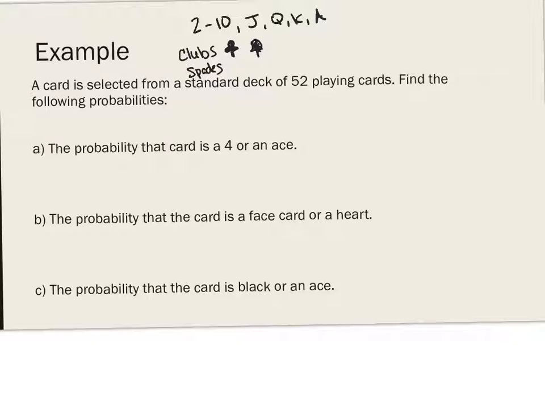And then there are 2 red suits, which are the hearts and the diamonds. And so there are these 4 suits of, remember, 2 through 10, Jack, Queen, King, Ace. That's 13 cards times 4 is equal to 52.